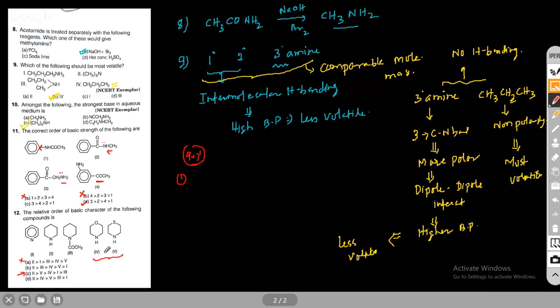So if you are able to decide these two, you will get the answer. Otherwise you can eliminate this and then we can check the other three. Okay, so here you see obviously the oxygen will have more electronegative nature, right? So basicity of the fourth one is less than that of the fifth. That's why the fifth one is more basic, and luckily we have only one option in which fifth is more basic than fourth.